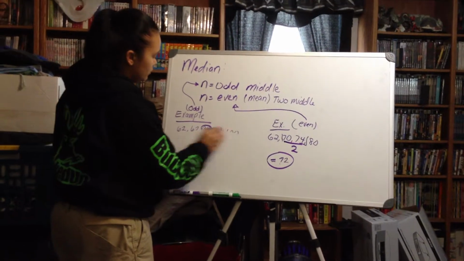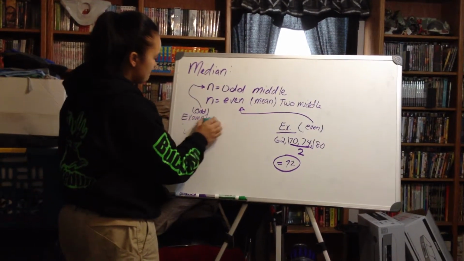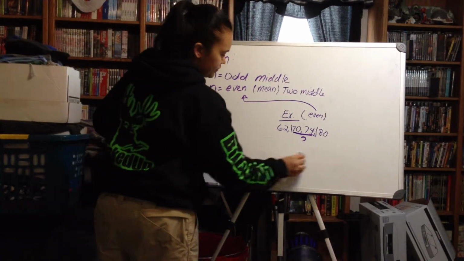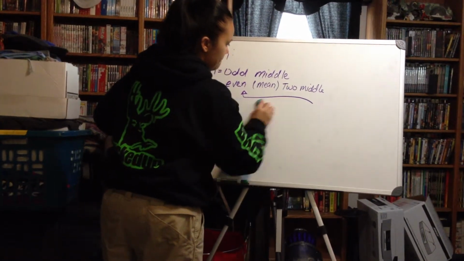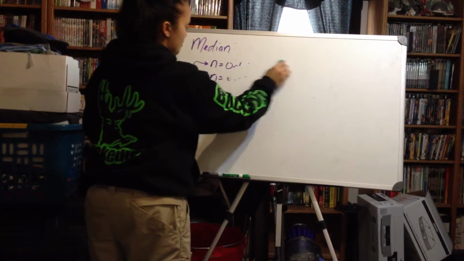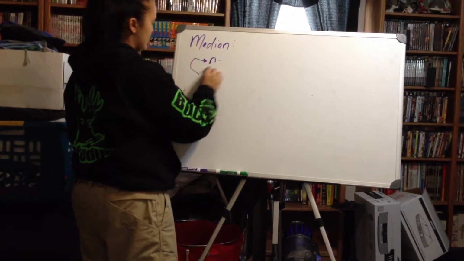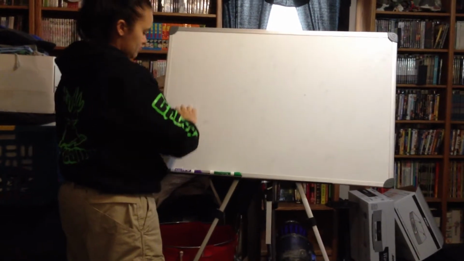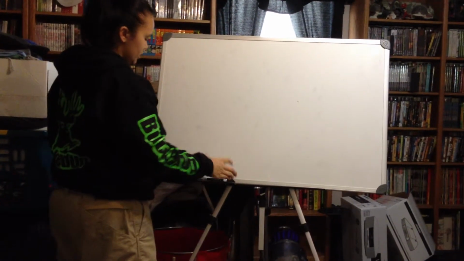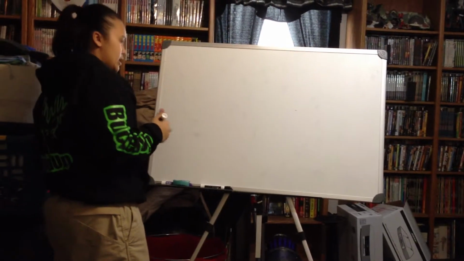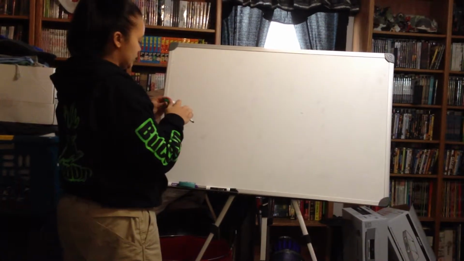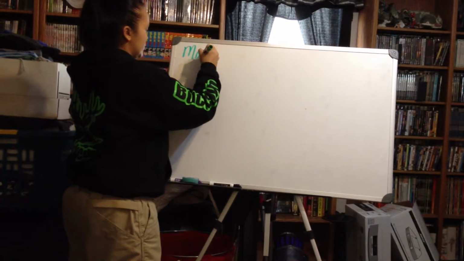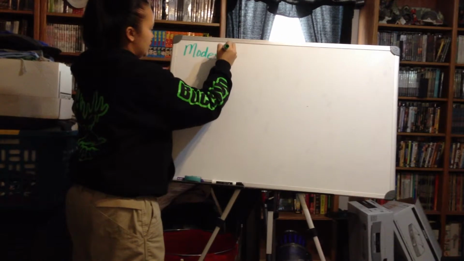Now, we covered mean and median. Now, we have to cover mode. There are 3 types of modes. I said modes, not mold.